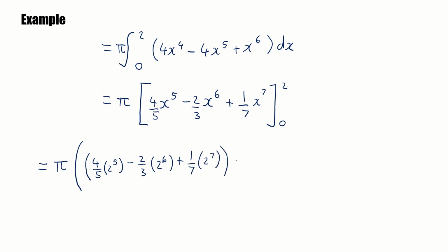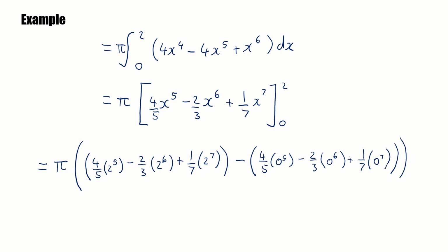And then, of course, subtracting from that, what happens if you also plug the limit of 0 in everywhere. Beyond that stage, you are welcome to use your calculator to help you out with the number crunching. If you were to do that, you would end up with a final answer of 128 over 105 lots of pi.